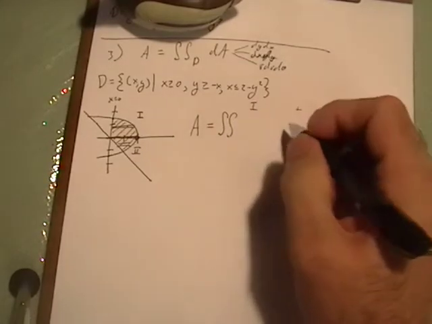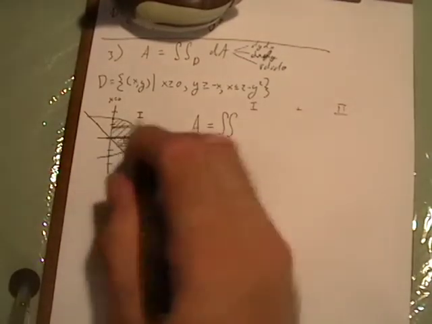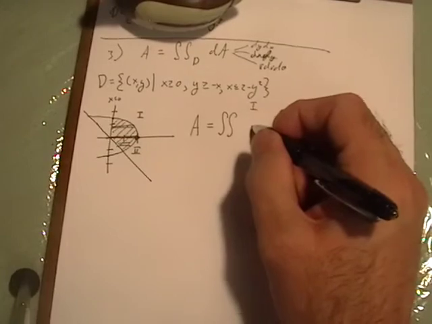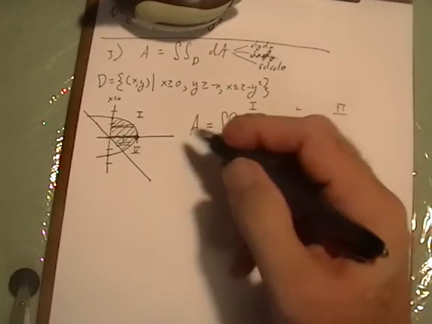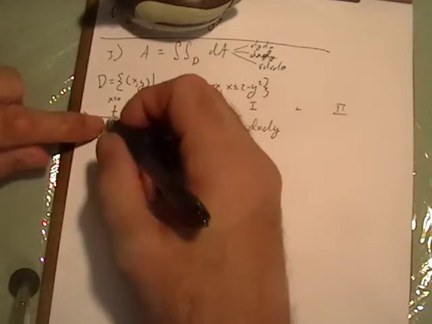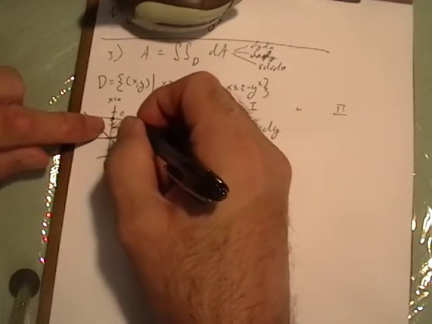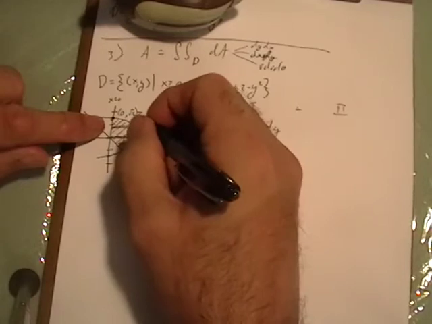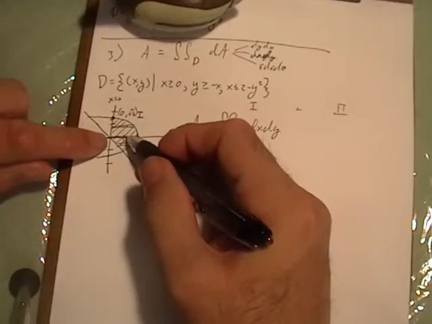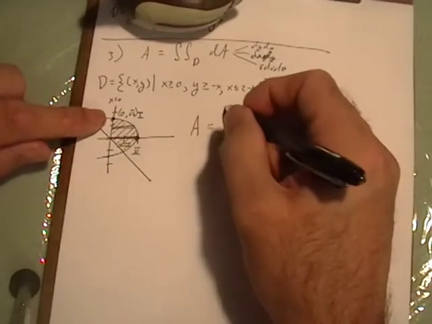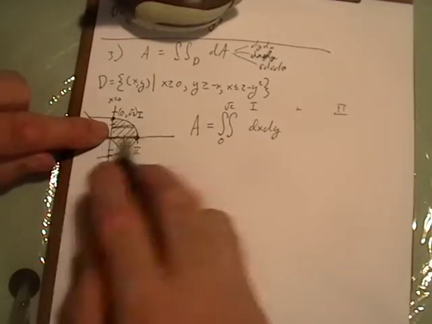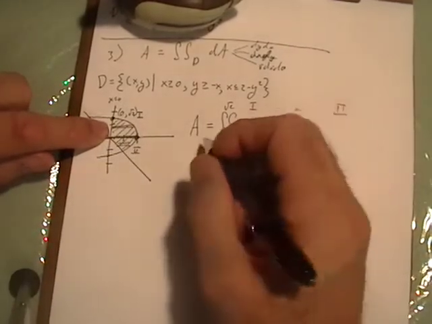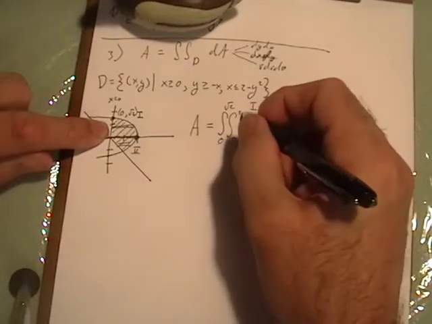I'll write area 1 as a double integral. I'm slicing it this way, so that's going to be dx dy. This is the point (0, root 2), so y is going from 0 up to the square root of 2. X is going from 0 on this side to 2 minus y squared.